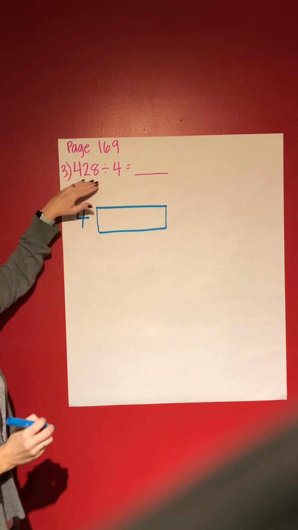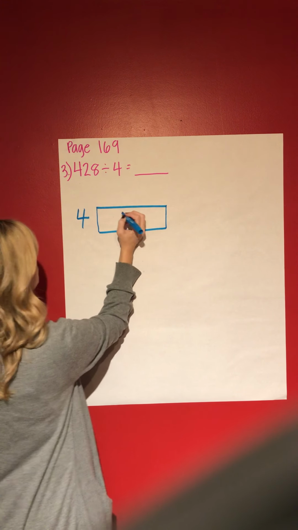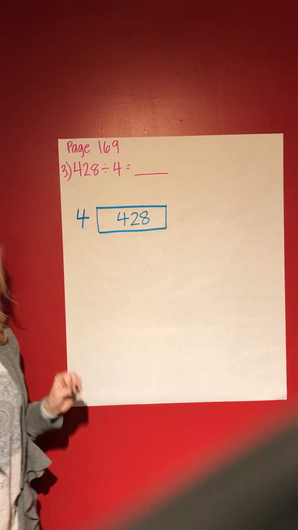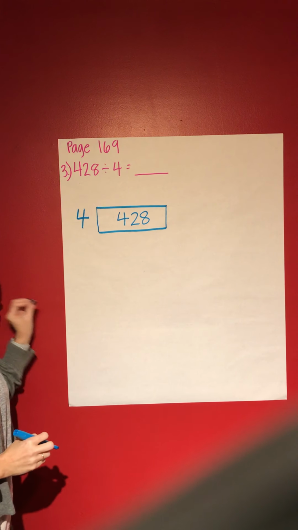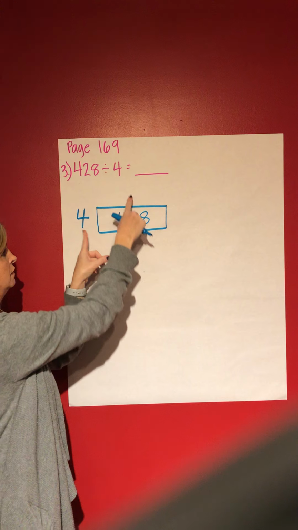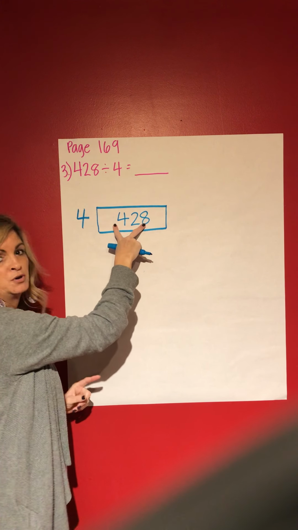And my dividend, which is the number that I'm dividing into, is 428. Okay, so when we used area model to do multiplication, we had a number here and a number here.